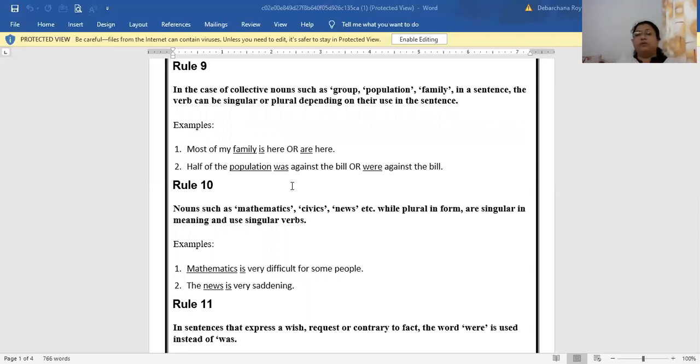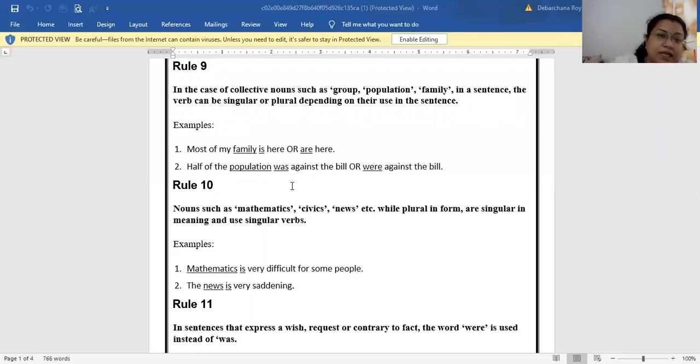If group is being talked about, or population, or family, that is actually a number of students, right? So in a sentence the verb can be singular or plural depending on their use in the sentence. Okay, it depends on how we are using it, whether we will use singular or plural. So we have to be a bit conscious and careful about all these things, right?